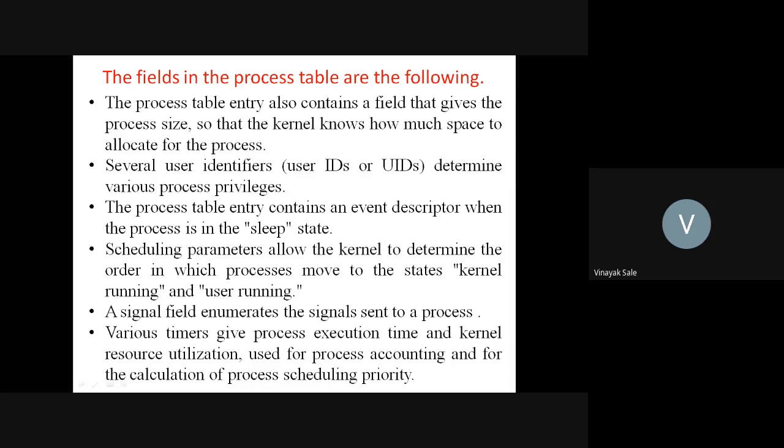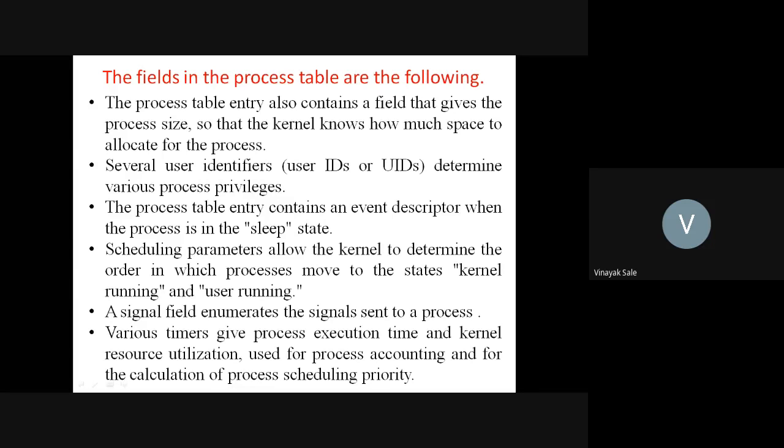Scheduling parameters allow the kernel to determine the order in which processes move from kernel running mode to user running mode, that is, which process moves from kernel mode to user mode.